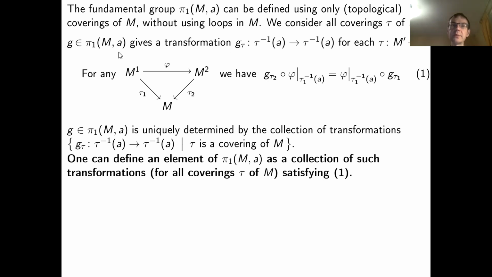Since the fundamental group acts on the fiber, each element G gives a transformation G tau of the fiber over the point A. Now let us consider two coverings, tau1 and tau2, over the same base, and phi an arbitrary continuous map such that the diagram is commutative.